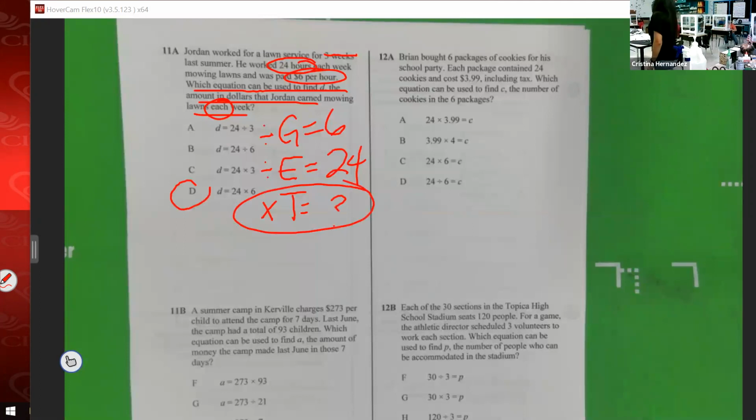Did you go with the Chloe? Good, Chloe. 11B. You got it? You're in trouble next door. Come on, Antonio, get this down.